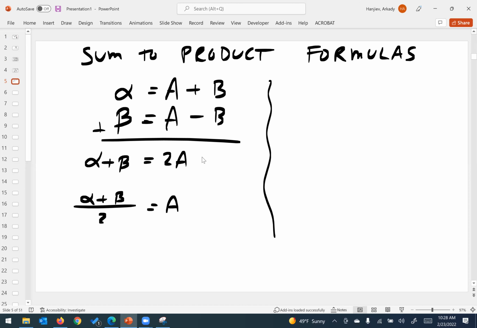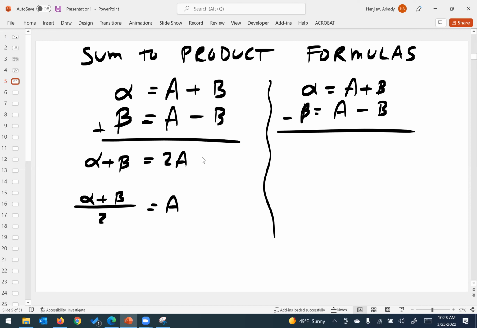So then hold on. If I go the other way, if I set it up like this, and I subtract this time, what do I get? The opposite, so alpha minus beta divided by 2 is equal to B. Okay, are we good there?